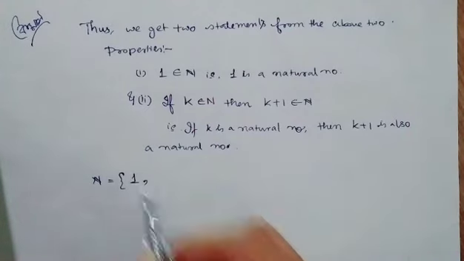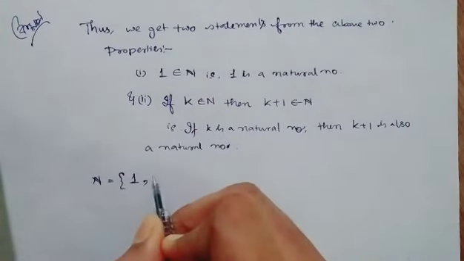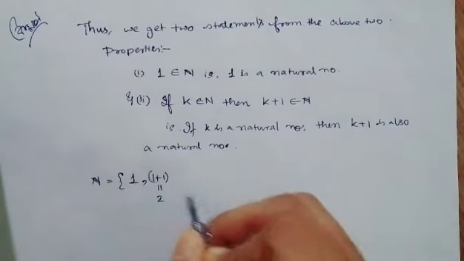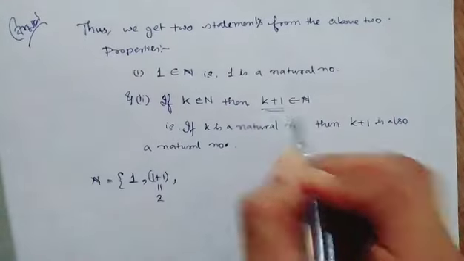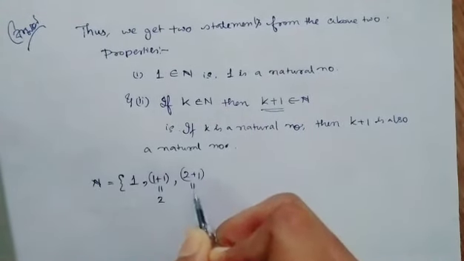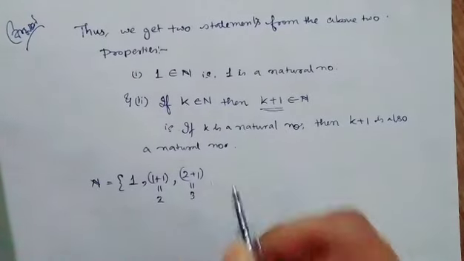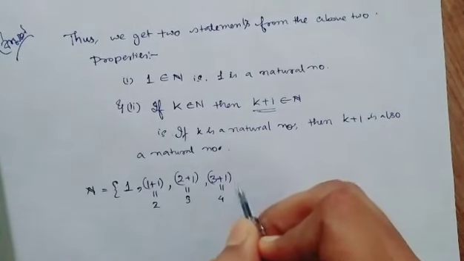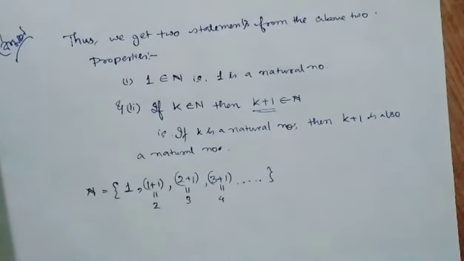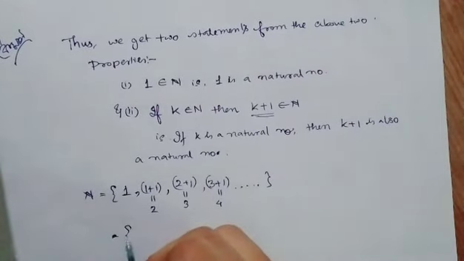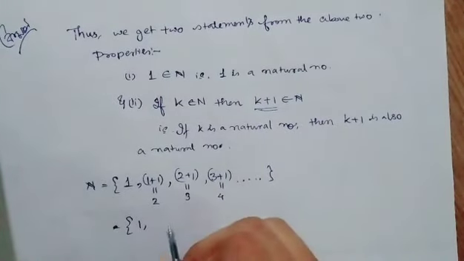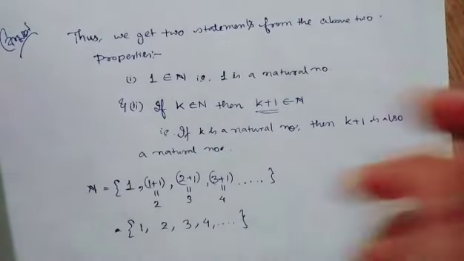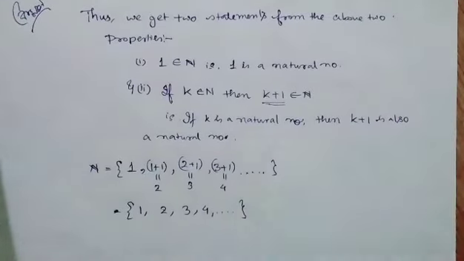As 1 is a natural number, the next is 1 plus 1, which is equal to 2. Then if 2 is a natural number, 2 plus 1, which is 3, will also be a natural number. If 3 is a natural number, then 3 plus 1, which is 4, will also be one. Applying this property through the set, we obtain the set of natural numbers as 1, 2, 3, 4, and so on. This is how this property defines the set of natural numbers.